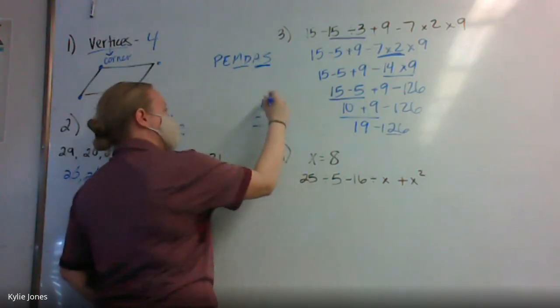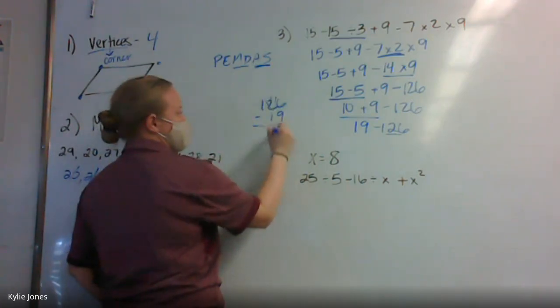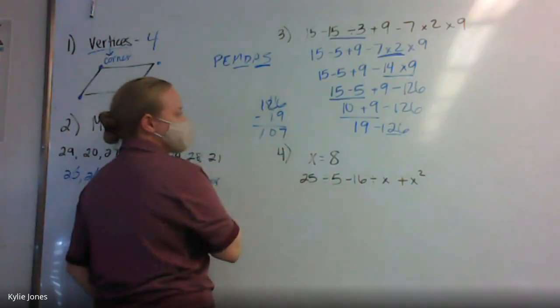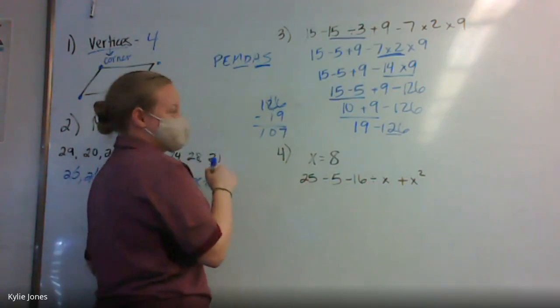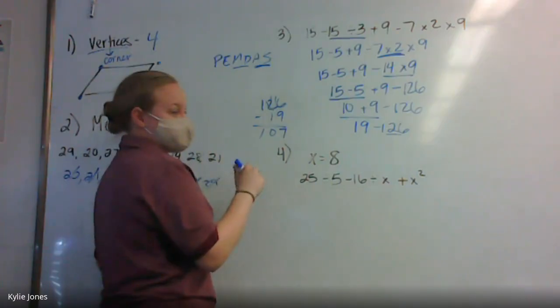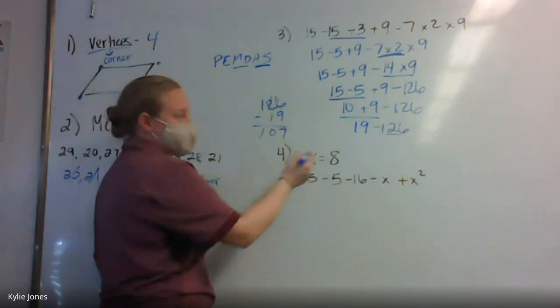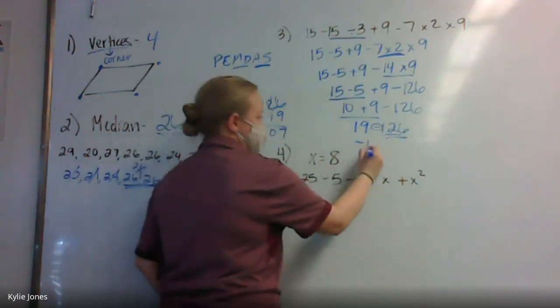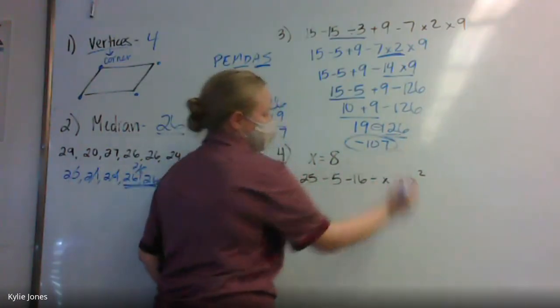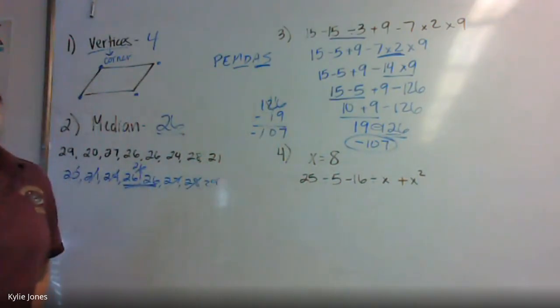So we subtract and we get 107. Negative 107. Why is it negative, Charlie? Because the small one is actually subtracting the bigger one. Yes, this bigger number right here has the negative in front of it, so our answer is negative 107. That's the hard part, the negatives.